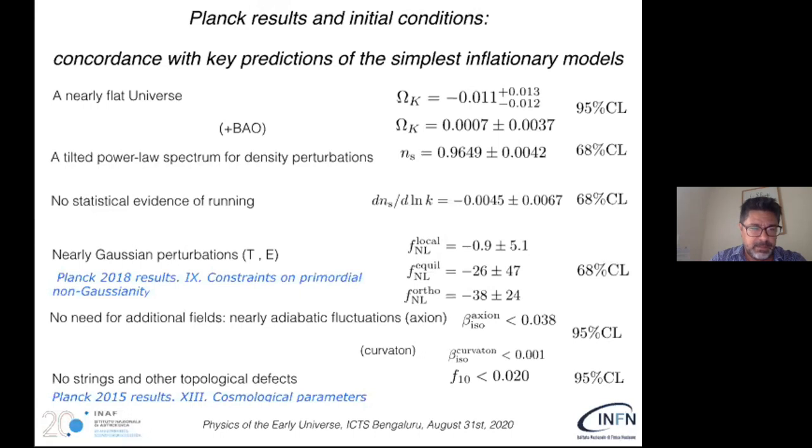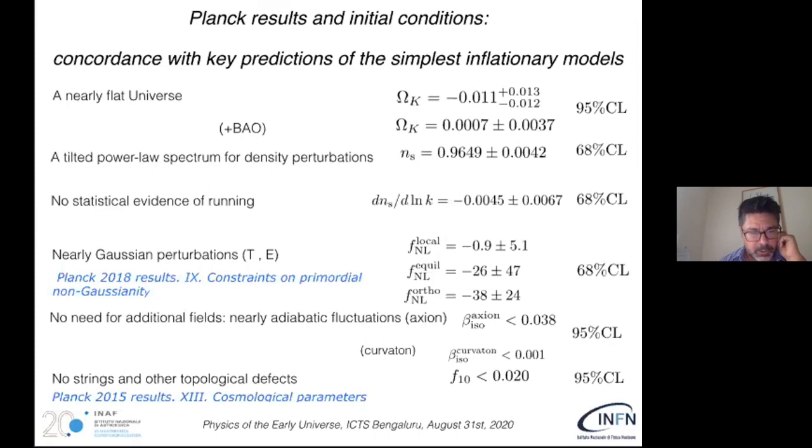There is a deviation from scale invariance for the spectrum of curvature perturbations, detected at more than 8 sigma. This is the most precise measurement of the scalar spectral index, which has no statistical evidence of any scale dependence, and therefore the running is consistent with 0.